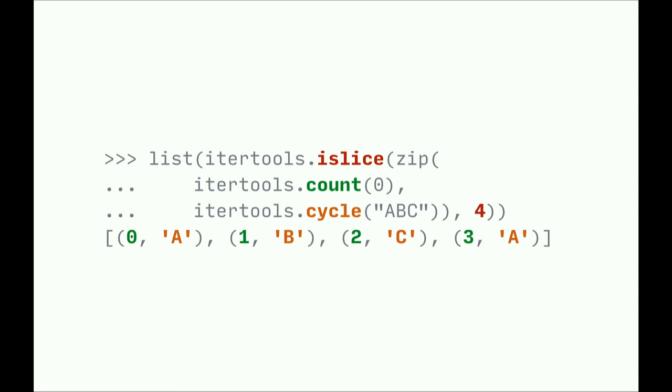Here we can see ABC is passed into cycle, and we get the values A, B, C, and then A again at the end, and it will continue ABC, ABC, ABC for eternity, as far as I can tell. And in Python 3, some of the built-ins like zip take and return iterators rather than previously where zip returned a list.